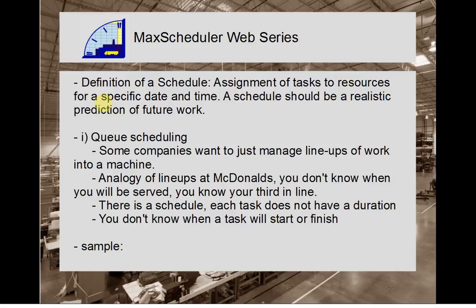For some manufacturers, they have such turnover, such quick-moving schedules, that what they want to do is just create lineups of work for the resources. They don't get into the details of durations for each job. Each job just takes up a certain amount of time. For example, we have one customer that does quality assurance on bolts.